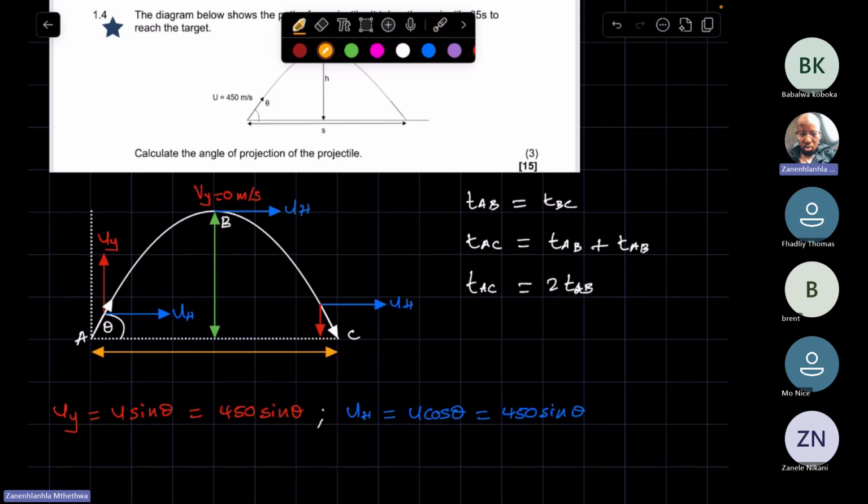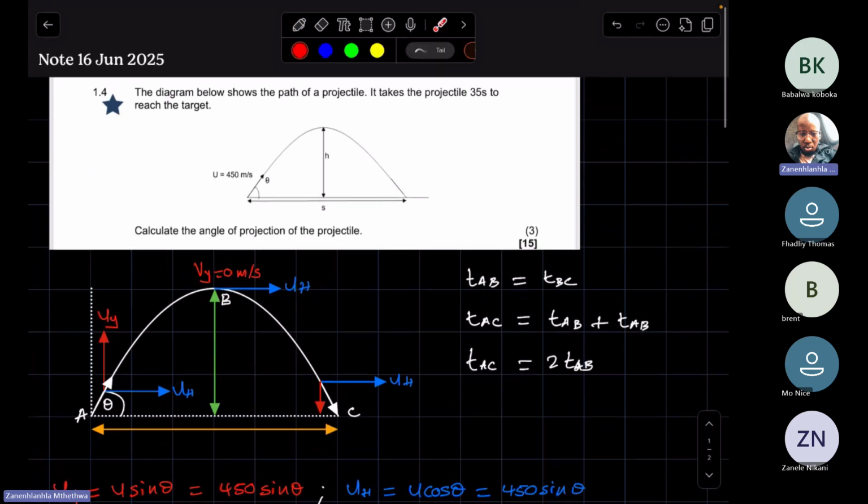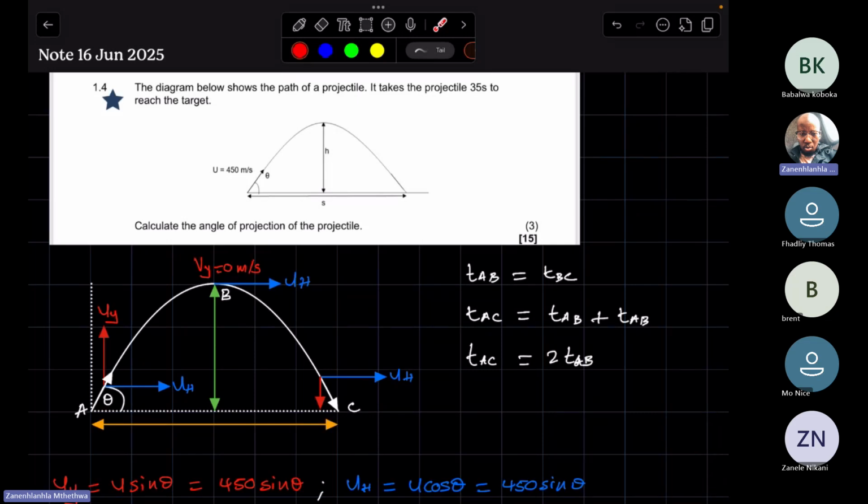Now, if this is the case, and we've been given TAC, because they said it takes the projectile 35 seconds to reach the target, so to move from A to C, TAC is equal to this, and then also TAC is 35 seconds. All right.